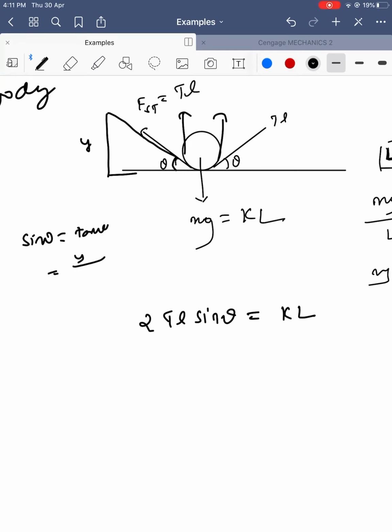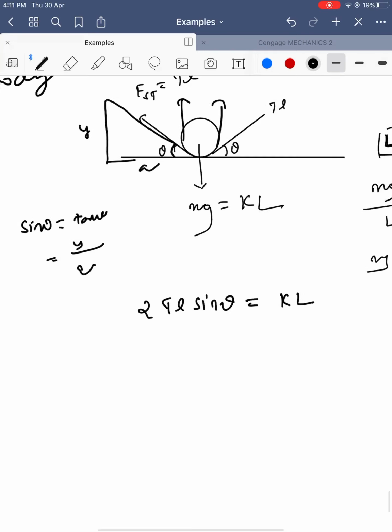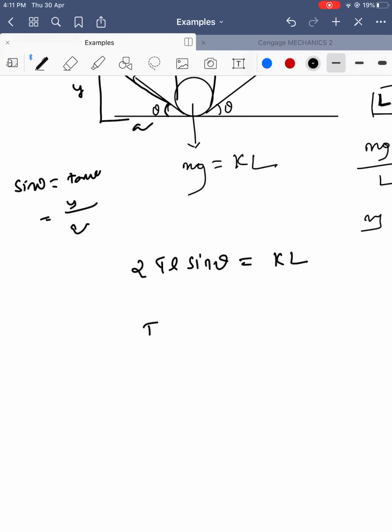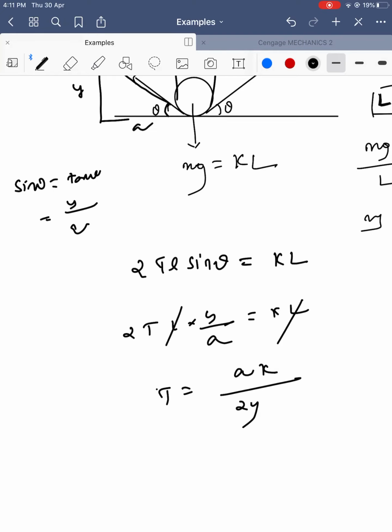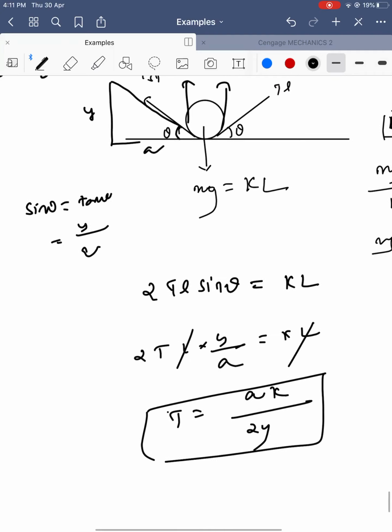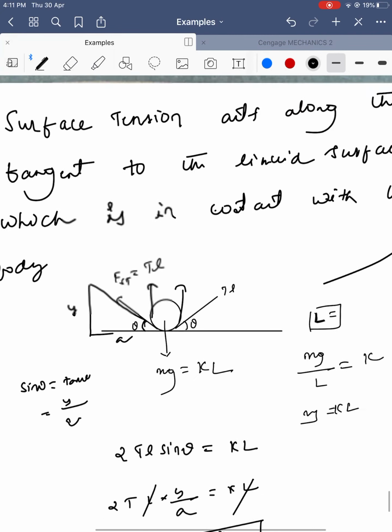Tan theta is nothing but y by a. So 2T into L into sin theta, which is y by a, is equal to k into L. L gets cancelled. T is equal to a into k by 2y. So this is what he is asking us to find.